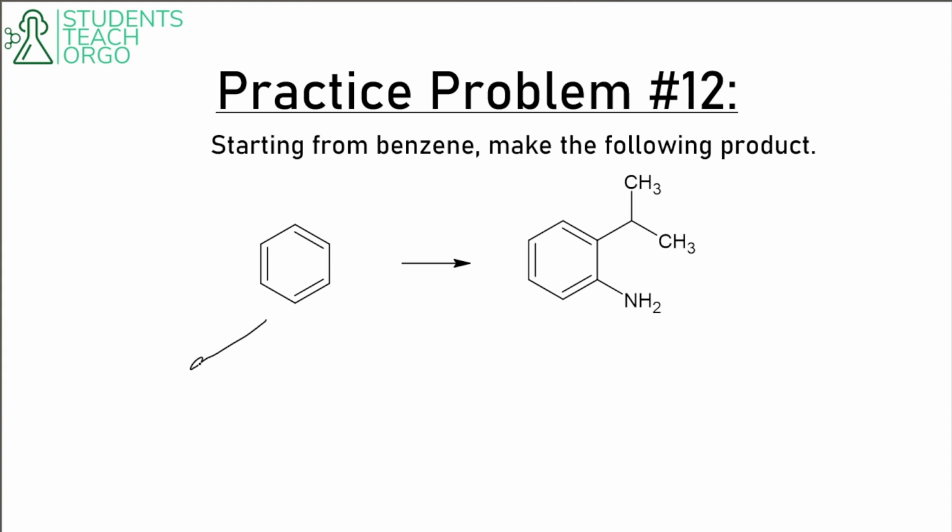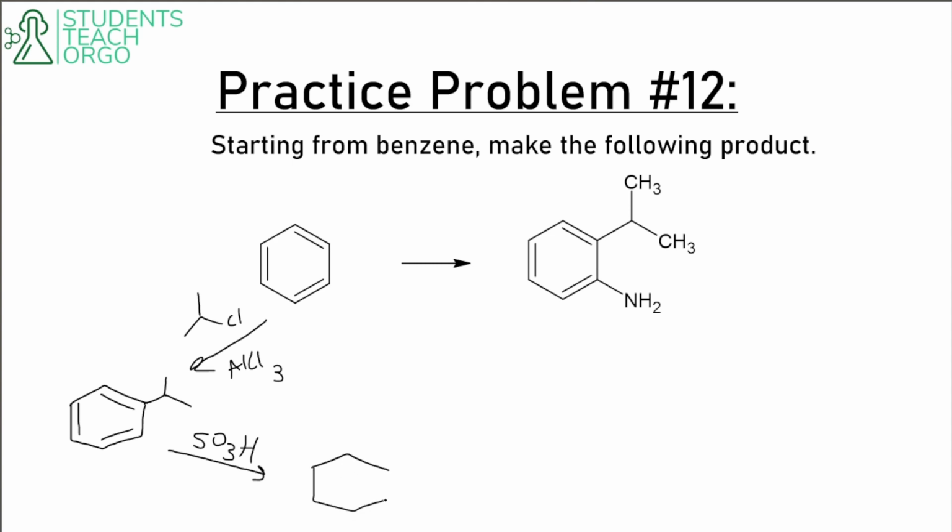First step, you're going to do your Friedel-Crafts alkylation. Add our chlorine. Second step, we're going to put on our protecting group. So I'm just going to write SO3H because the exact reagents in this case you can reference on your own.